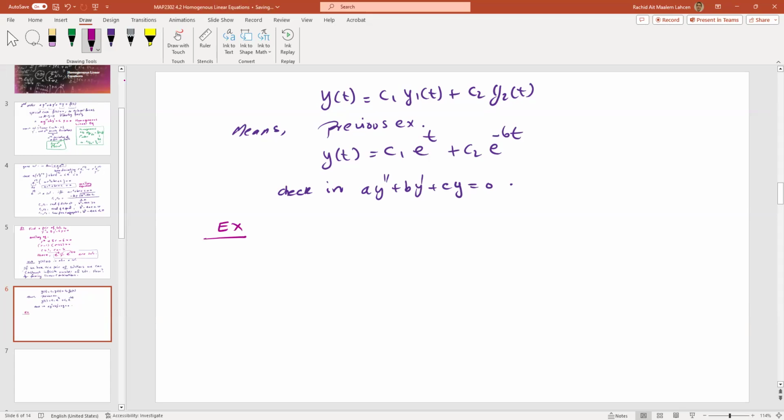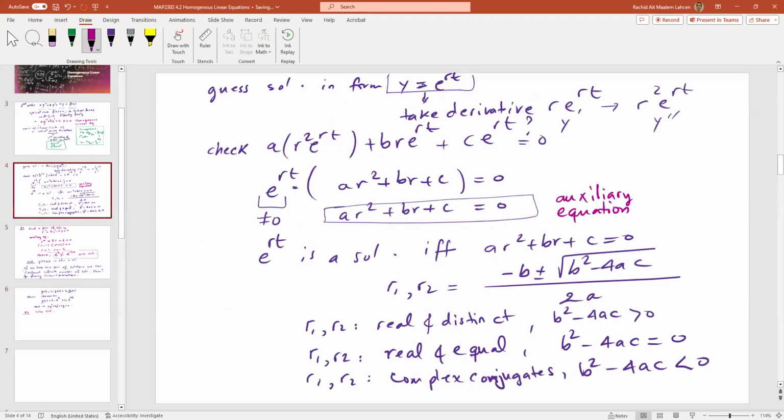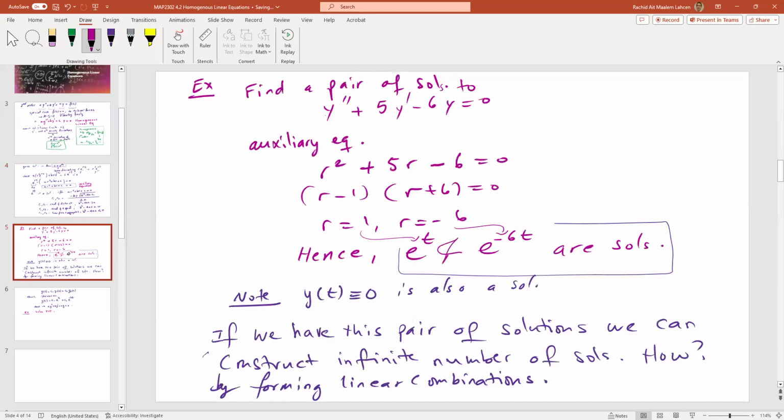Let's solve the IVP. So I think up to now, you saw what happens. To summarize, we're talking about this auxiliary equation or characteristic equation, and something special must happen.